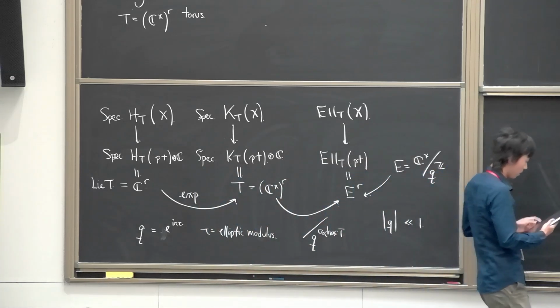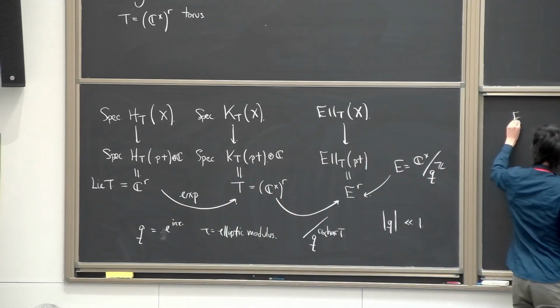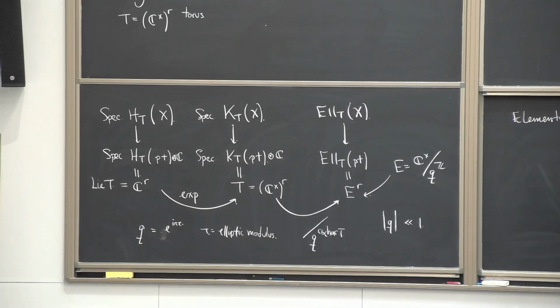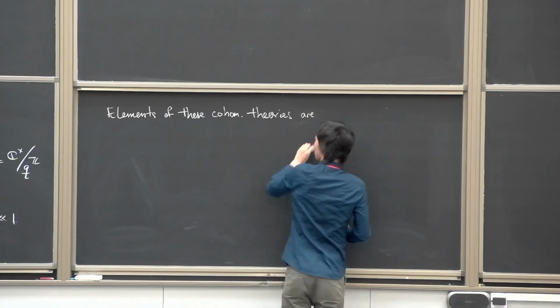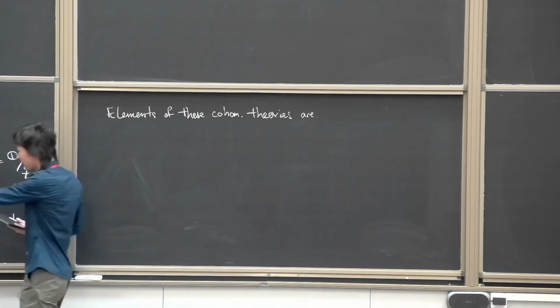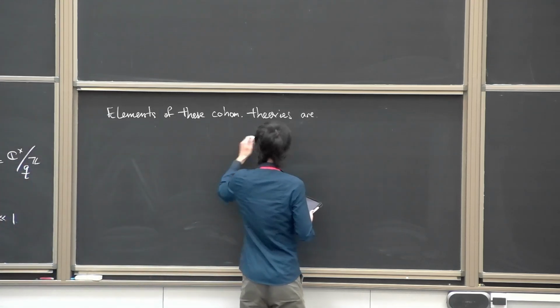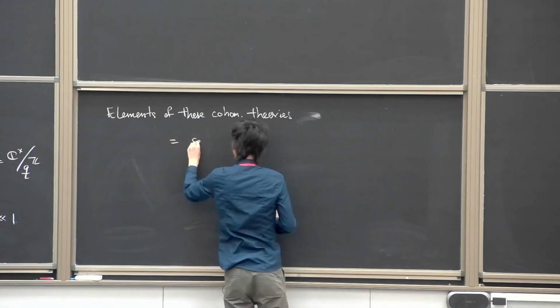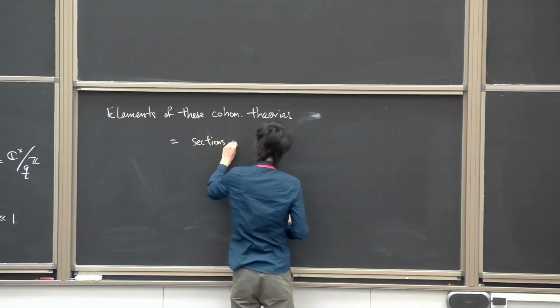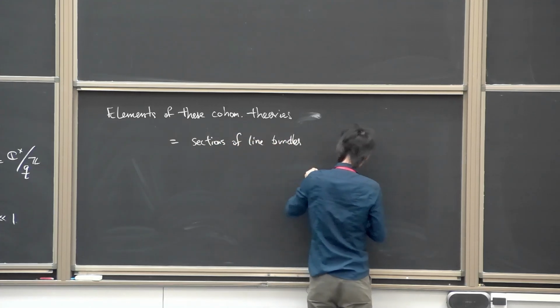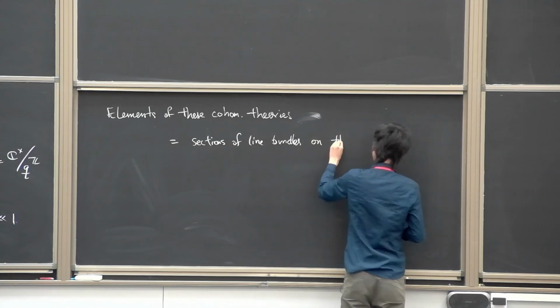Okay. So the elements of these cohomology theories are, in the affine cases, fairly straightforward, but also in equivariant elliptic cohomology, these are sections of line bundles on these schemes.